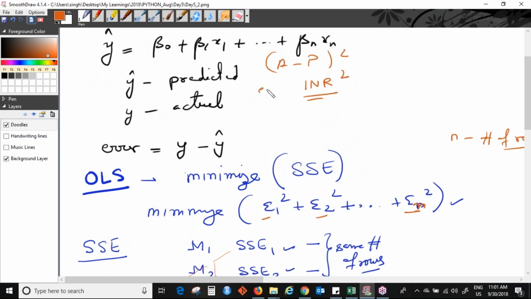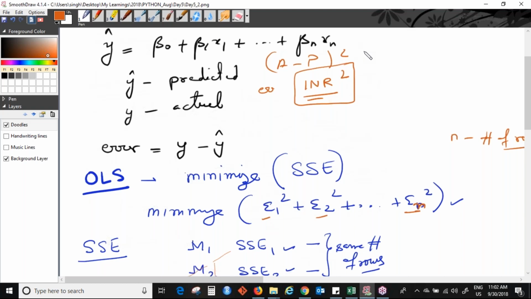That means your sum of squared error will have a unit of INR square. Now if somebody asks you what is the error your model is making, what will you say? You will say my model is making 500 rupees square. Now that also doesn't make sense. 500 rupees square, what is that? Nobody will understand what is 500 rupees square. So the units also do not make sense.